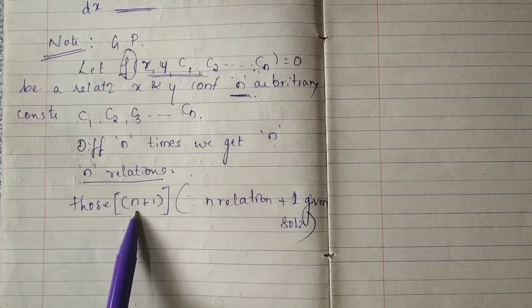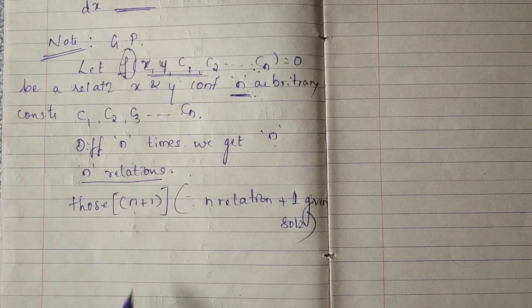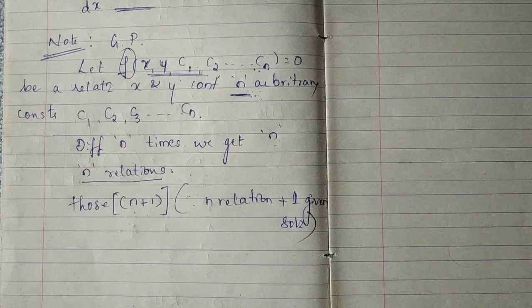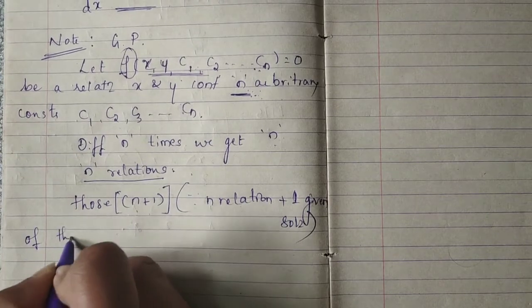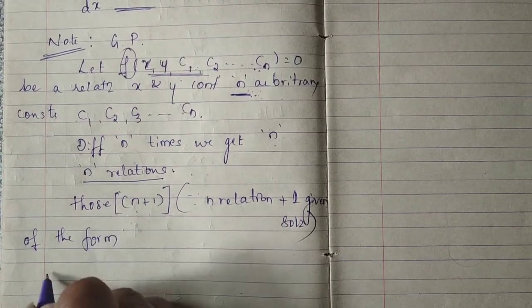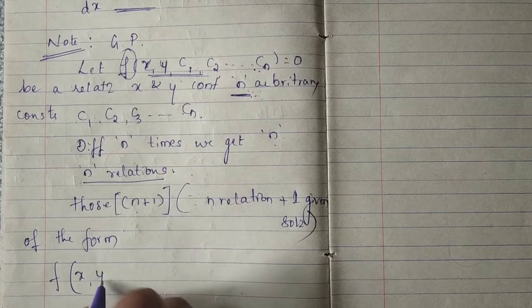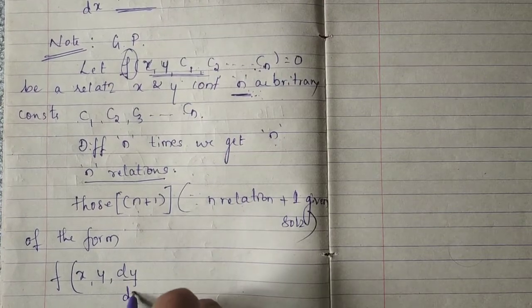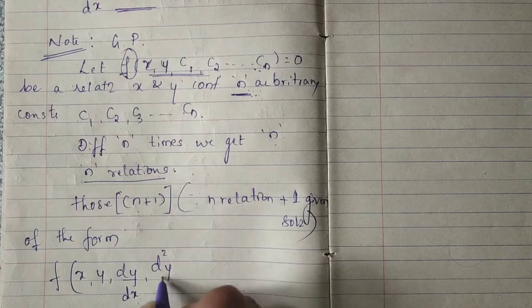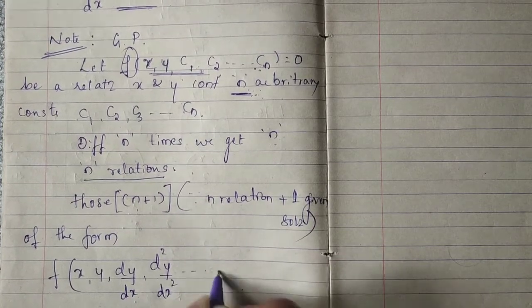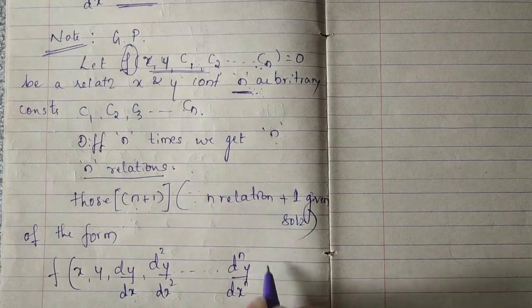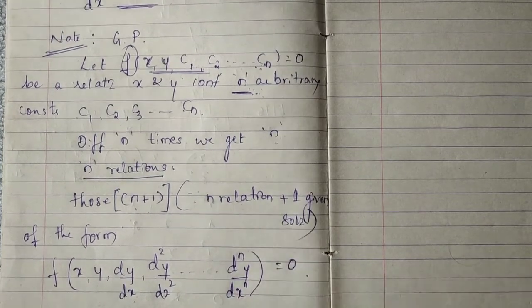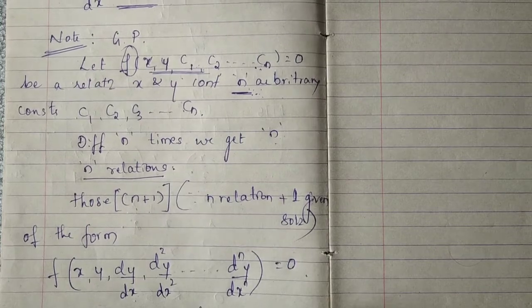From those n plus 1 relations, we eliminate the arbitrary constants and obtain the differential equation, which will be of the form f of x, y, dy by dx, d square y by dx square, and so on up to d raised to n y by dx raised to n, equal to 0, which is of order n.